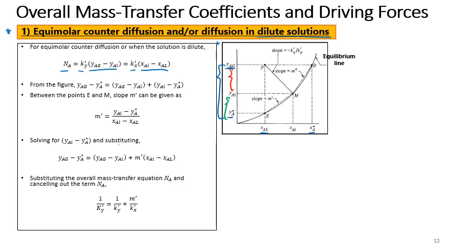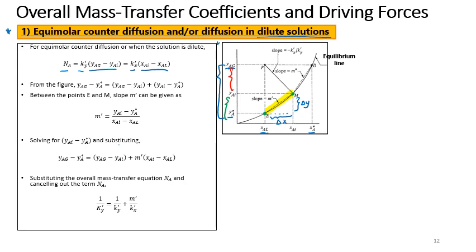Between the points, point E is this, and point M is at the interface, then we have the slope M star. This is the line if you connect the point E and M. So the slope M prime can be given by, if you have this, this would be your delta Y, this would be your delta X.